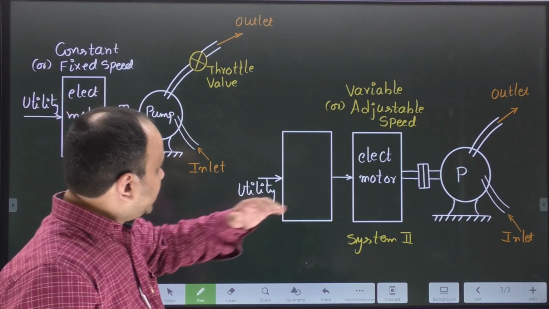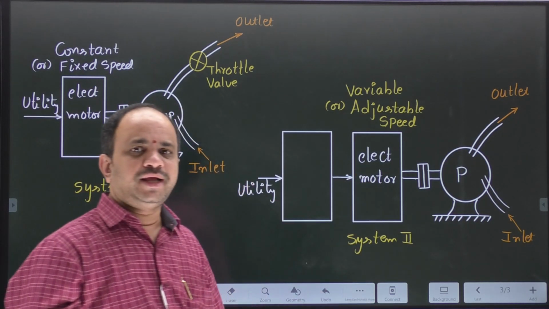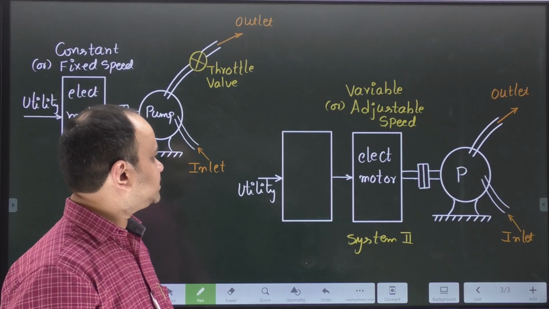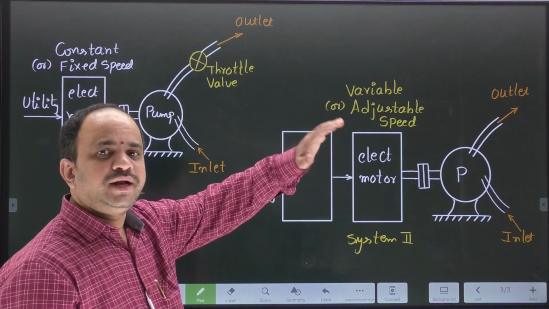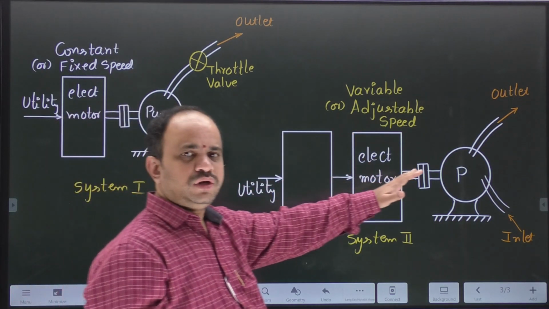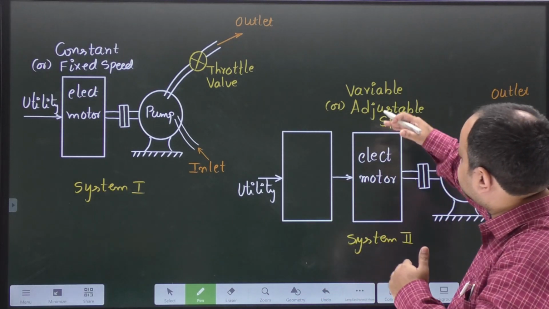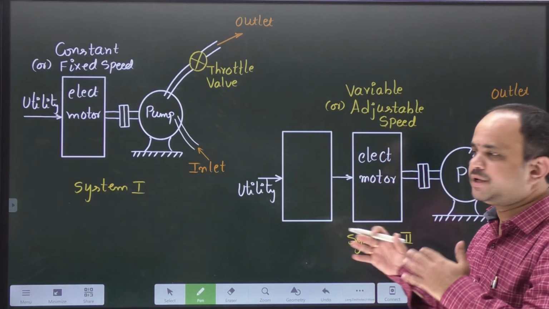Now when this motor is operating as a variable or adjustable speed, what do you mean by that? The flow at the outlet can be controlled by changing or adjusting the speed of this electric motor.